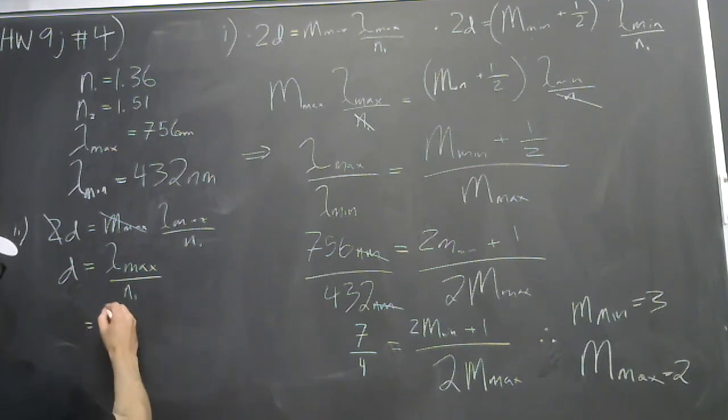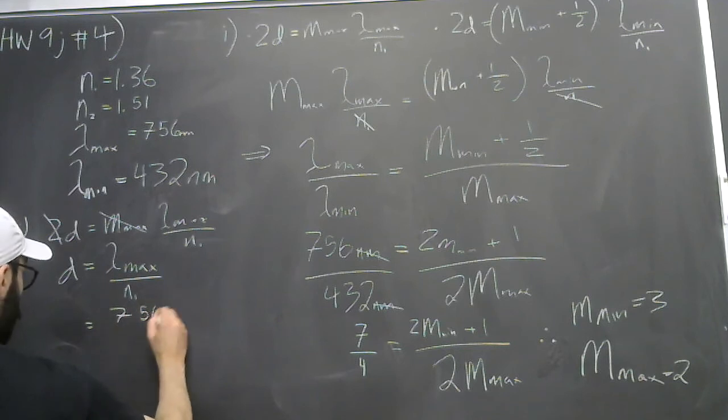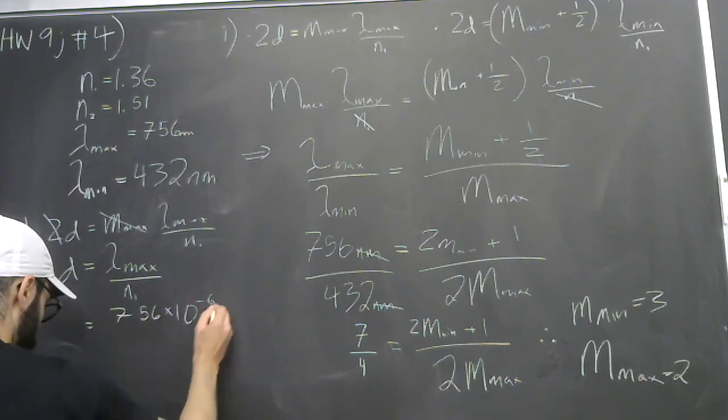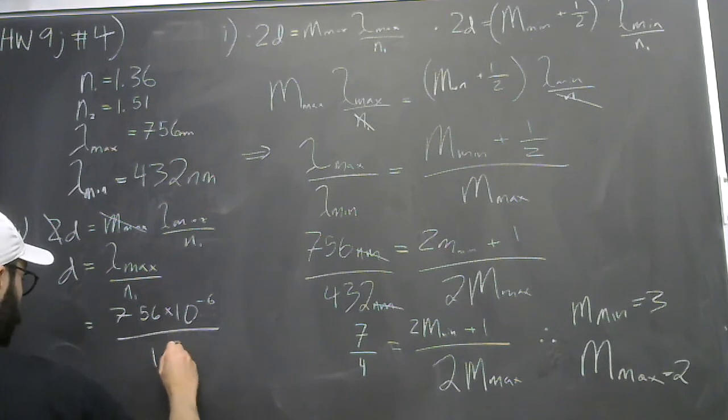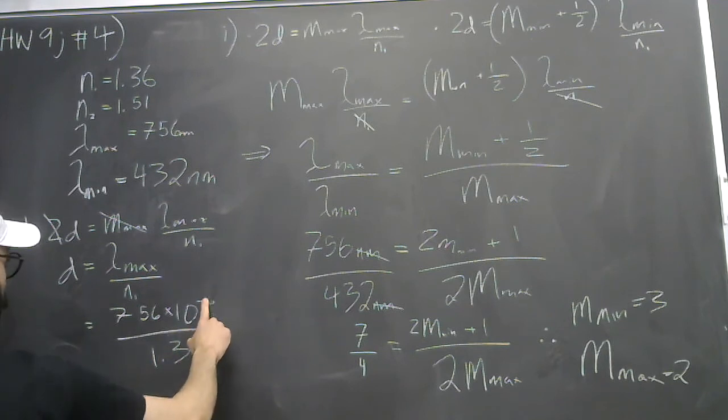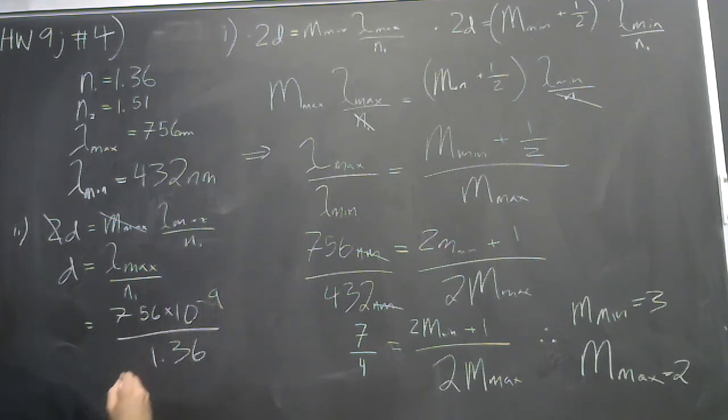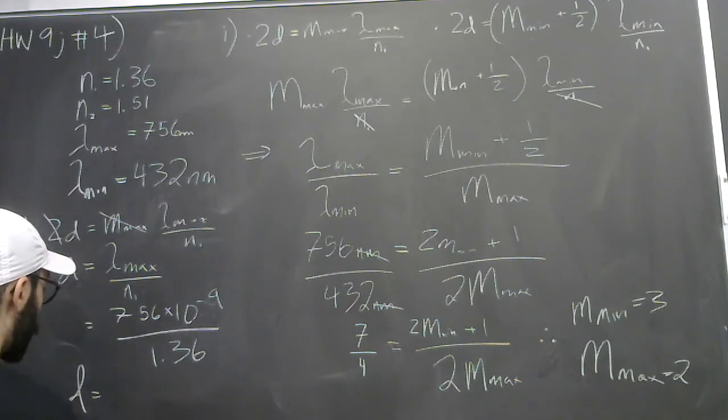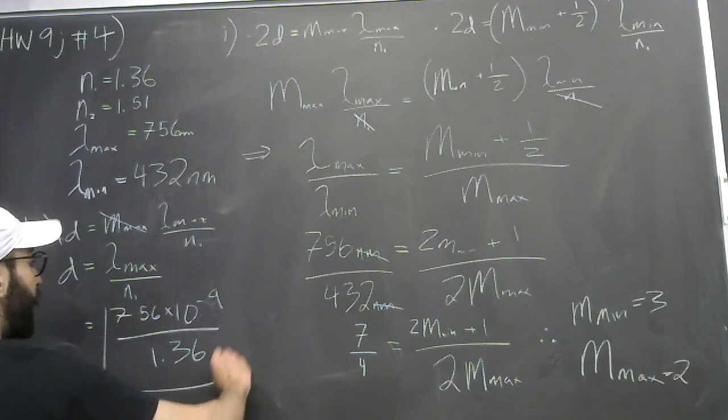So that comes out to be 756 times 10 to the minus 9 divided by 1.36. Oh, sorry, to the minus 9. And then you'll be able to solve for what d is equal to. I don't have my calculator out, so I'm not going to do that, but that's your answer.